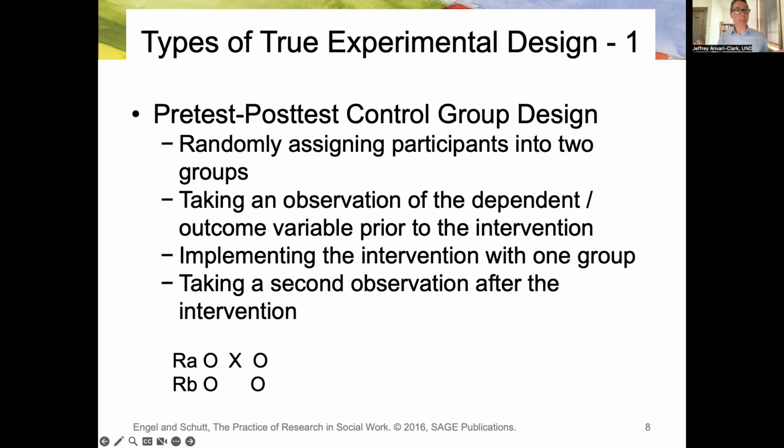And then that way we can see, in theory, Group A should have a different outcome than Group B. Group B, one would think, should be fairly the same before as it is after. Or there may be some sort of implications of time that would take place.